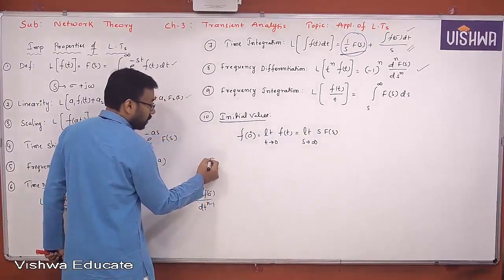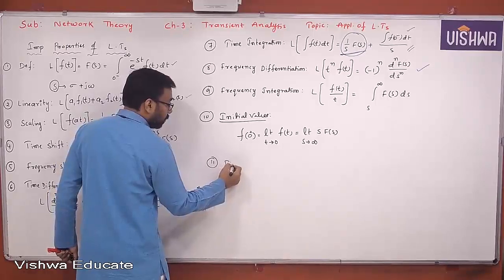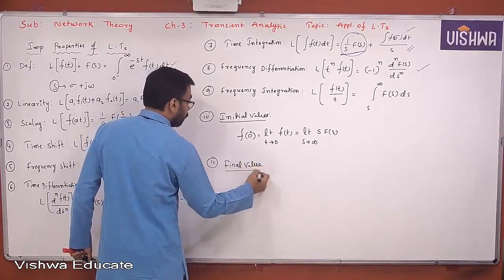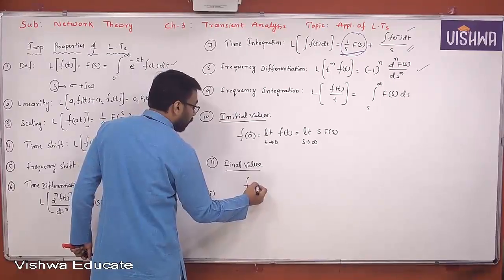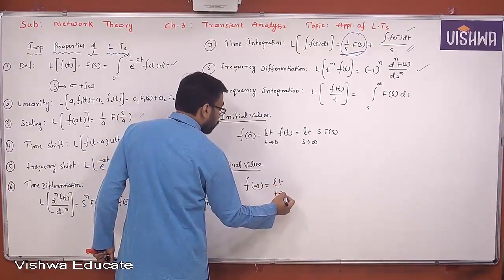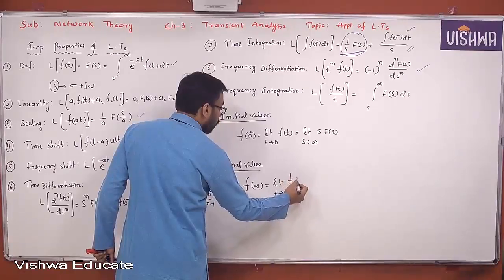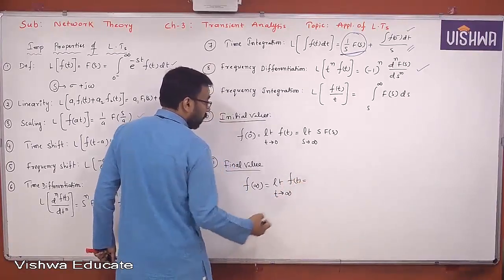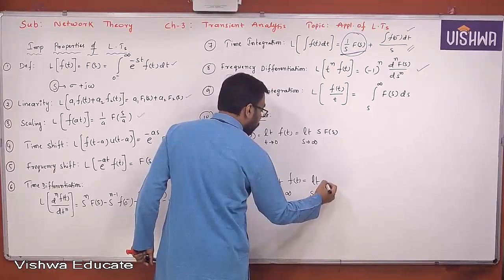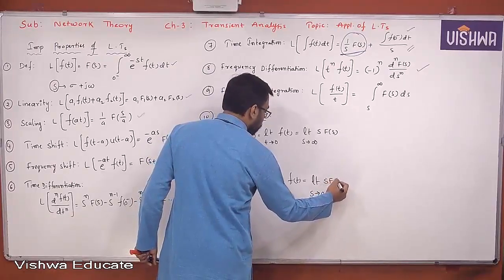The 11th one is final value. f of infinity, which is nothing but limit t tends to infinity f of t, which is equal to limit s tends to 0 s into f of s.